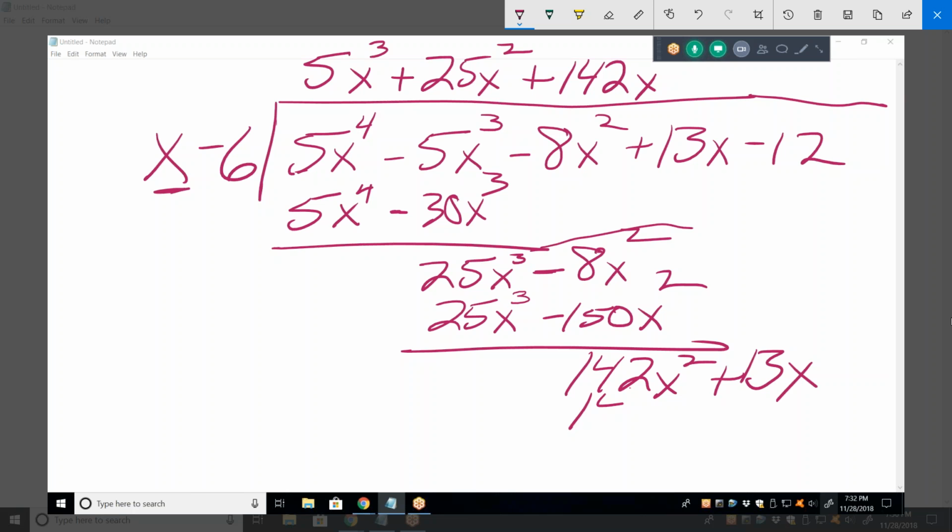When you multiply 142x times x, you get 142x squared. Plus what? What's the rest of it? It's actually minus. Let me check quickly.